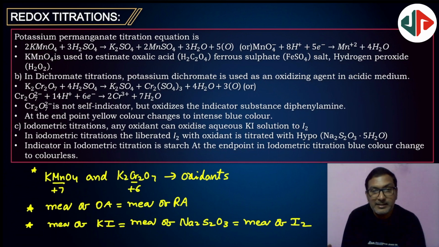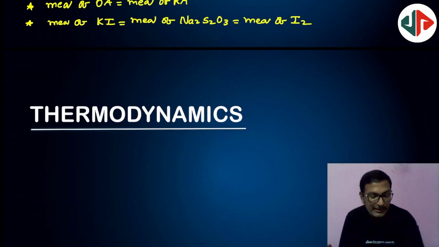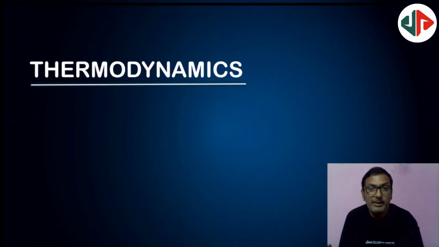But when it reacts with hypo, the hypo removes I2. Therefore, it changes to colorless. In the presence of I2, starch will be blue, but in the presence of hypo, the hypo removes I2 from starch. Therefore, colorless. So, this is the end of stoichiometry.